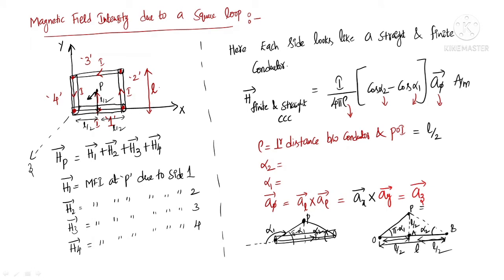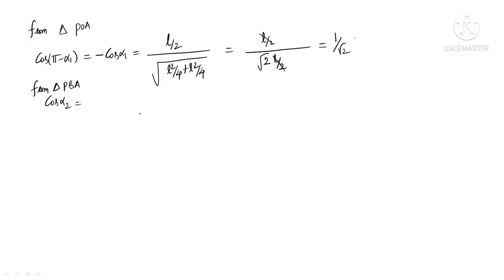Adjacent side is L by 2 and hypotenuse is root of, again the same value, L by 2 divided by root of L square by 4 plus L square by 4. L square by 4 plus L square by 4 is 2 times L square by 4, and if you take 2 out of the root you will get root 2, and L square by 4 under the root is L by 2. L by 2 cancelled, so you will get 1 by root 2.